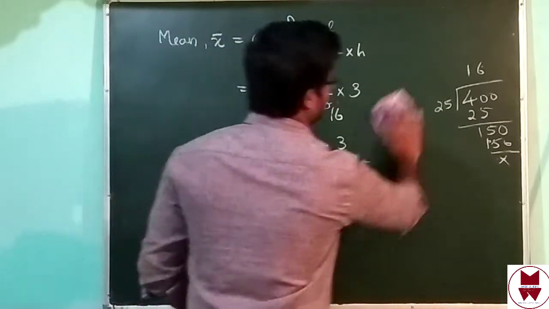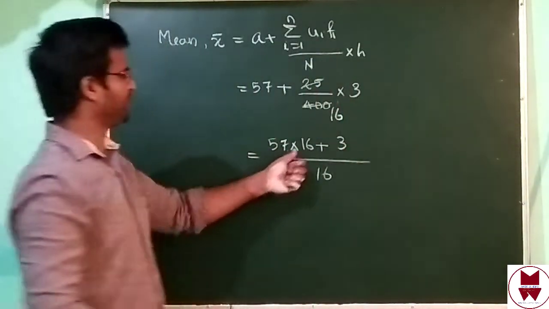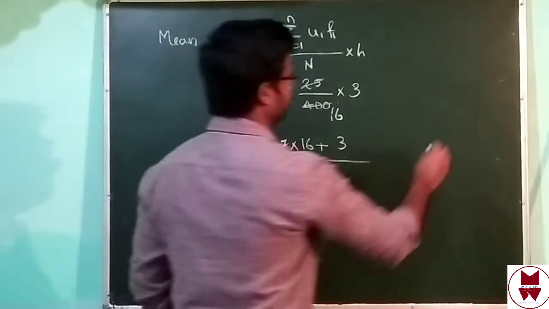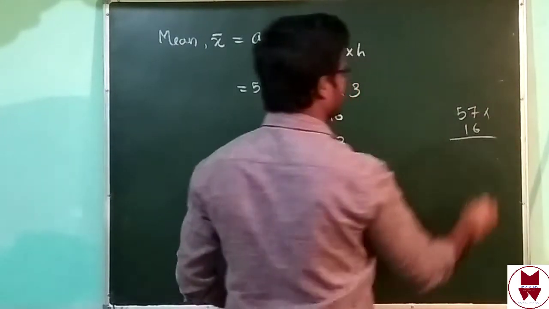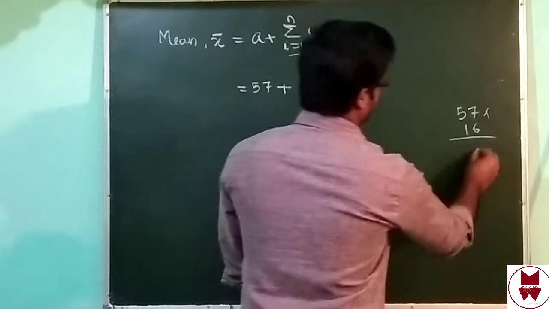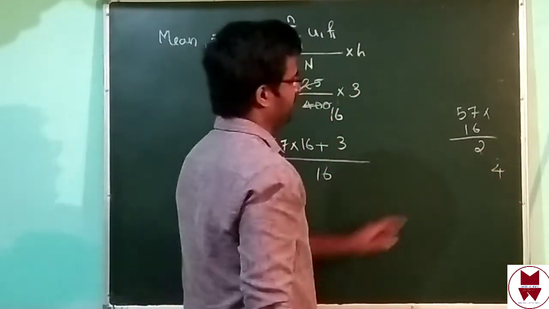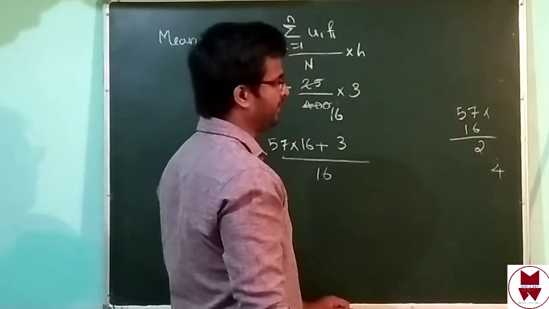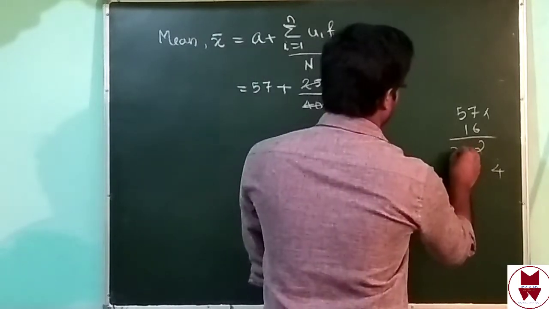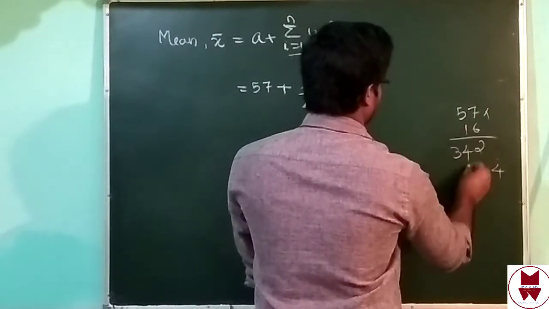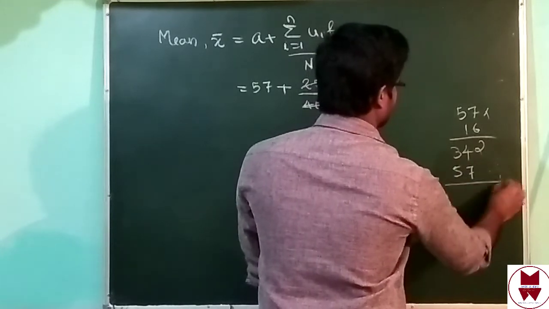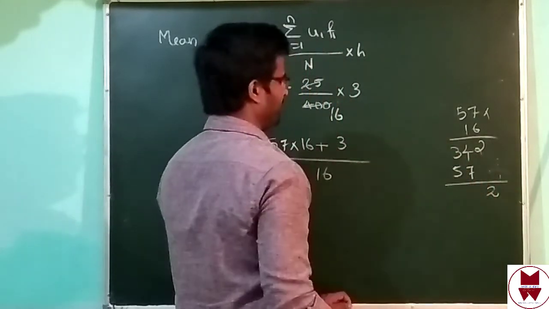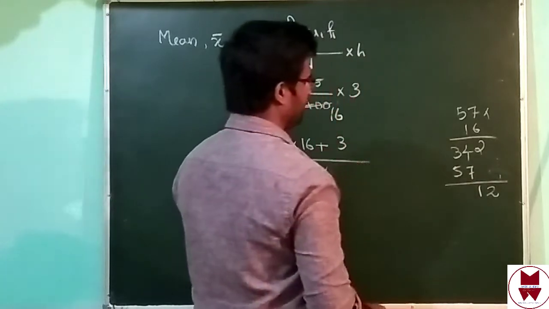Then multiply 57 into 16. 6 into 7, 42. 4. Then 6 into 5, 30. 30 plus 4, 34. 1 into 7, 7. 1 into 5, 5. 2. 4 plus 7, 11.